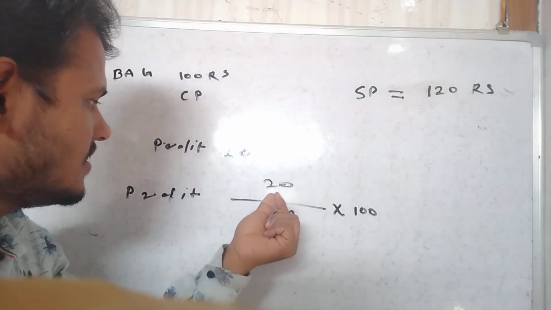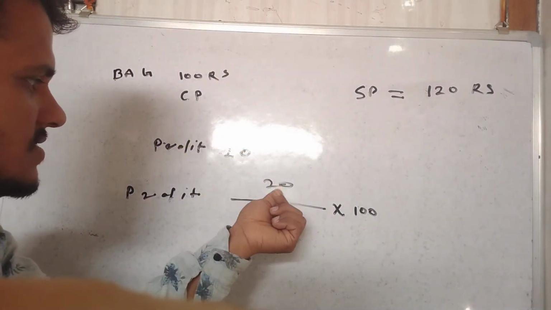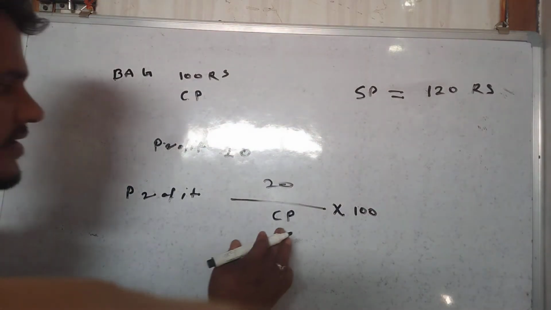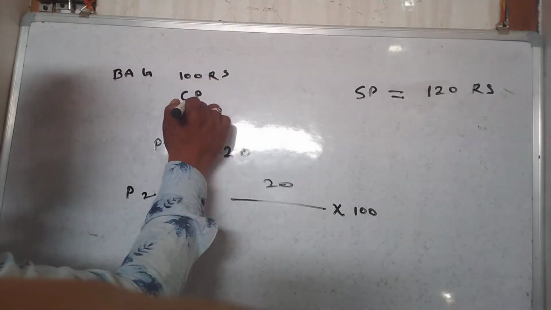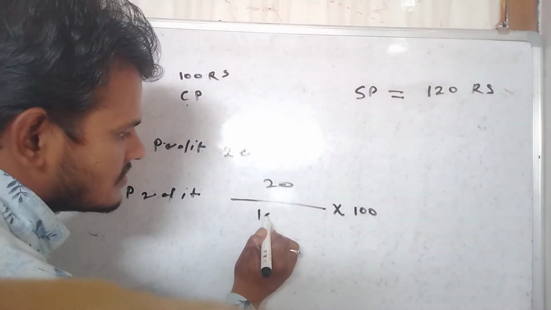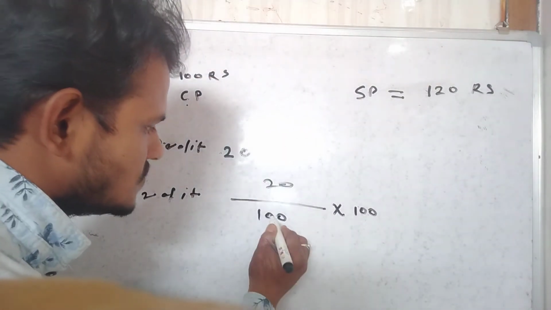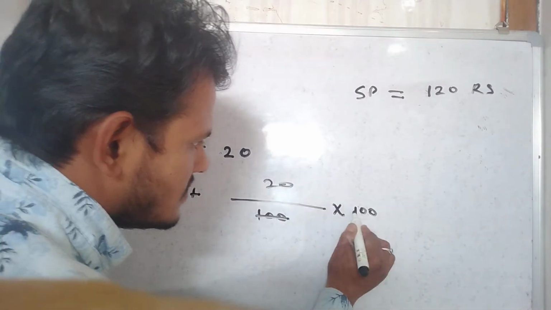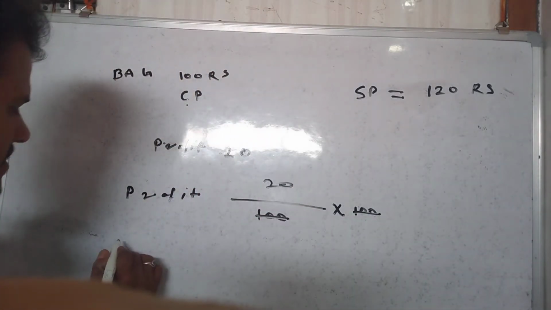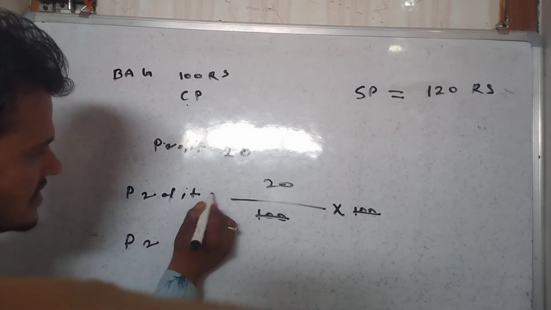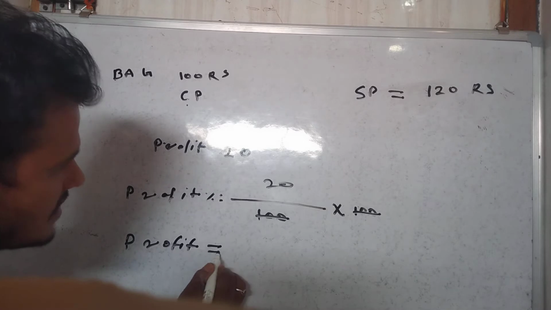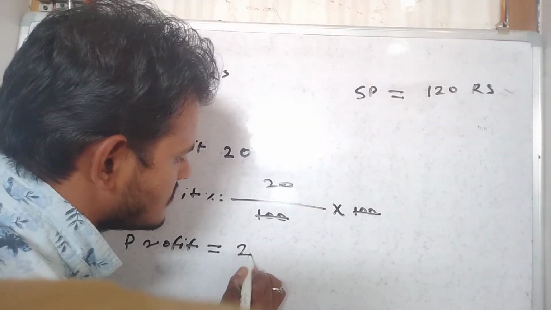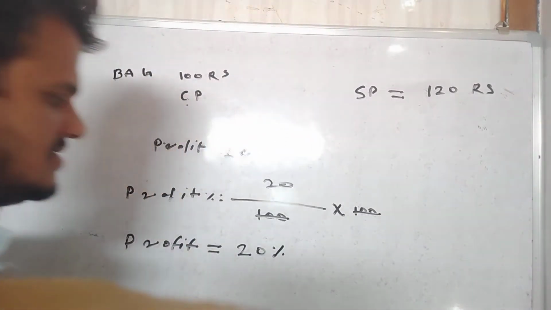So SP minus CP is 20 and CP is 100, into 100. So 100 cancels. We have only 20. So profit percent equals 20%, right?